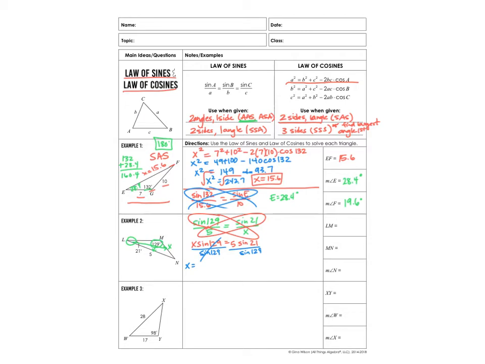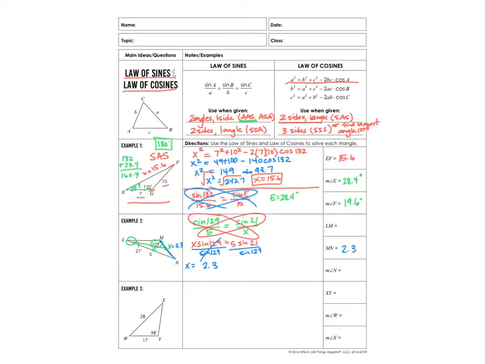That should give you 2.3. Now x was MN, so we got 2.3 here. So we have that side.